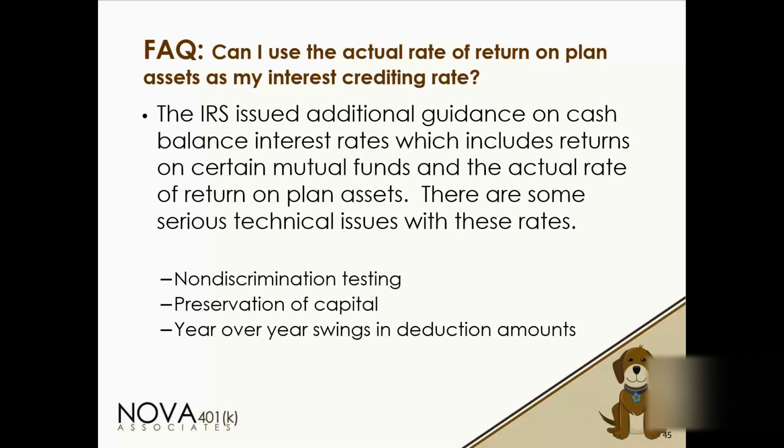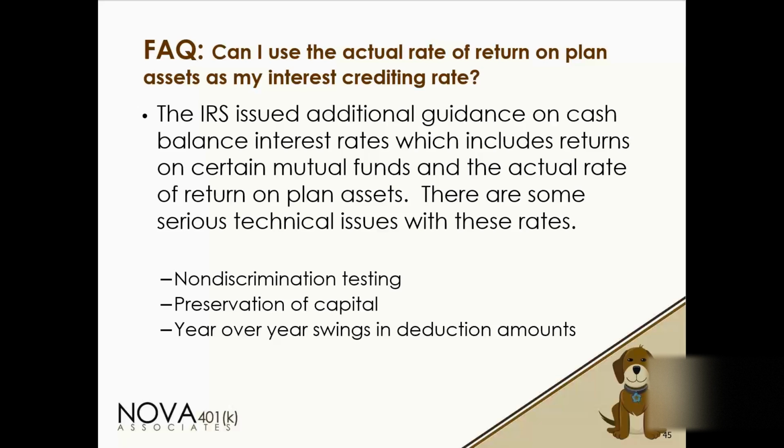So, for example, if your hypothetical allocation is $1,000 a year, you can't ever drop below the sum of those contributions. So let's say after 5 years, that's $5,000.